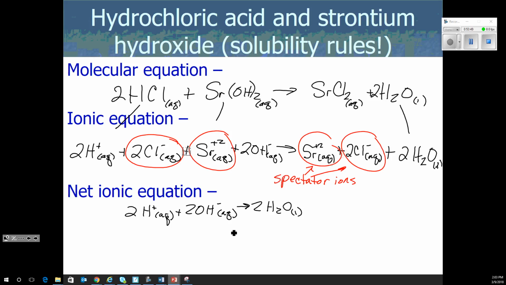Why isn't it the right answer? It is balanced, but they all have 2's in front of them. Simplify it down, and we divide both sides by 2, and we get H+ aq plus OH- aq gives me water as a liquid. Okay?